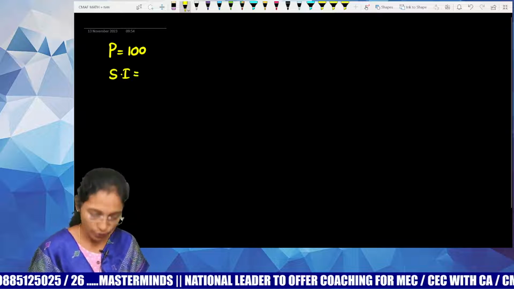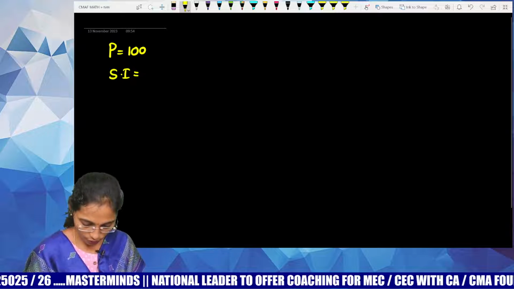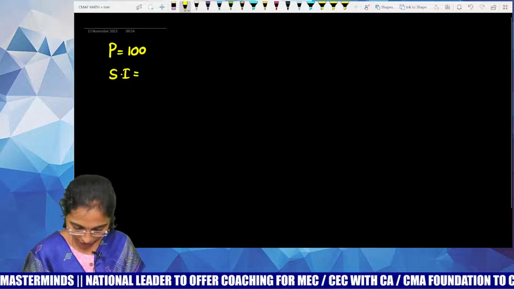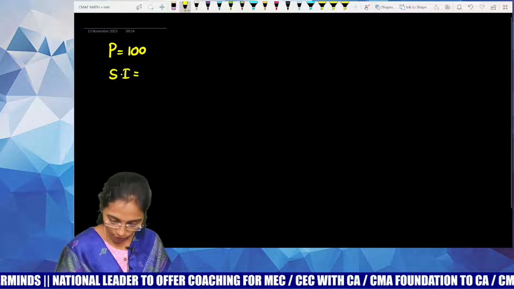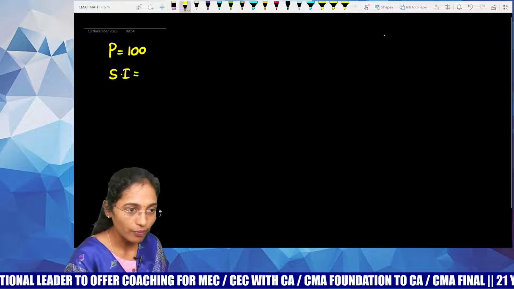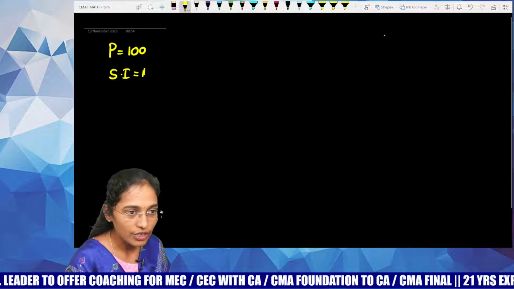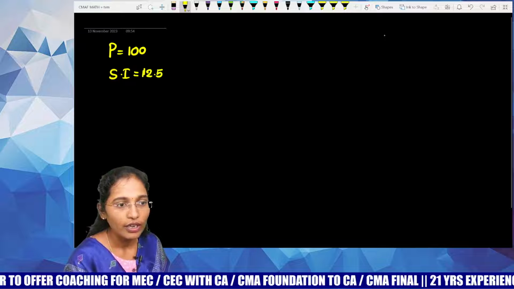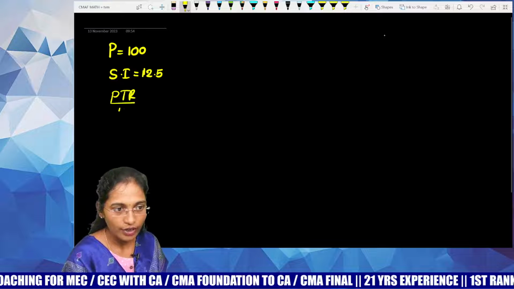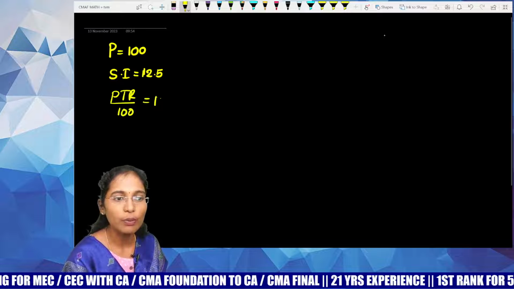Means what they will do, 0.125 into principal. What is a principal? 100, right? So 0.125 into 100 will be equals to 12.5. So they'll write simple interest equals to 12.5. Now the formula for simple interest they'll write as PTR by 100. Of course, PTR by 100 equals to 12.5.